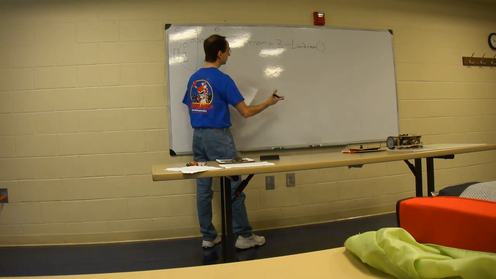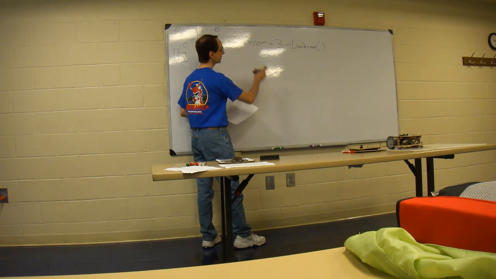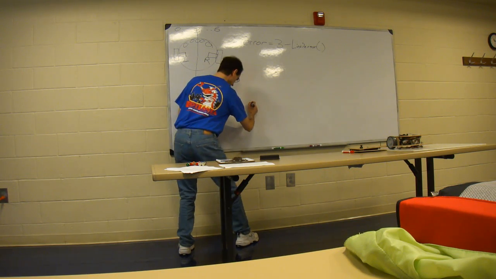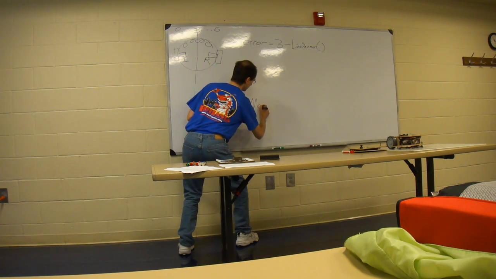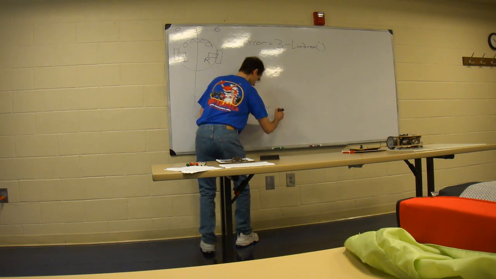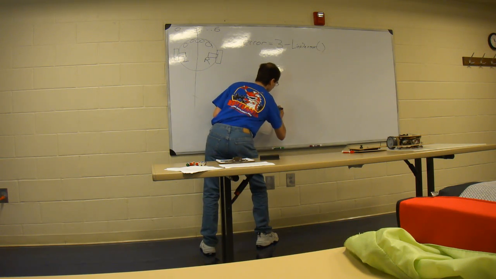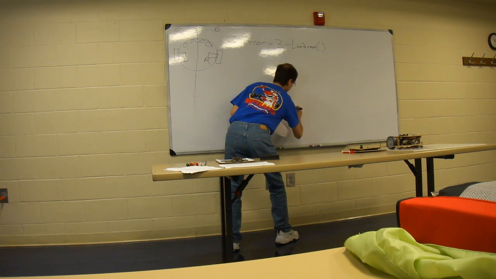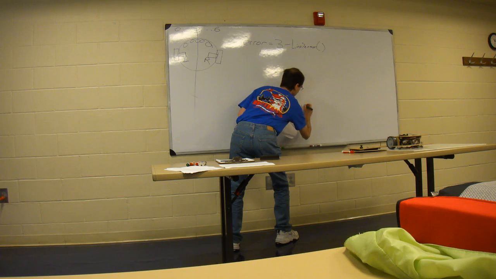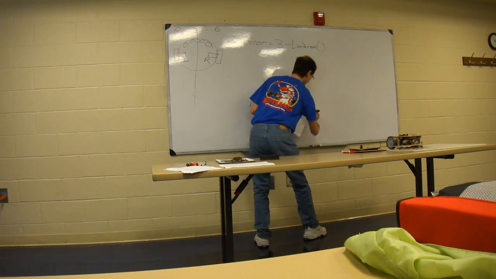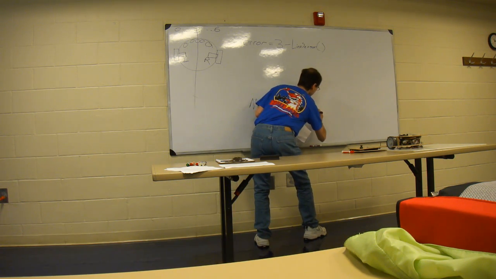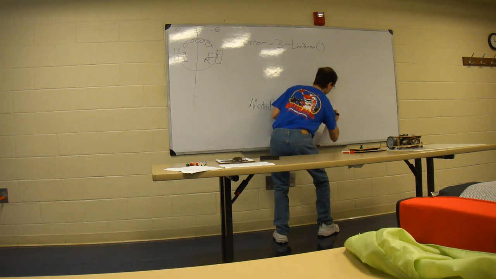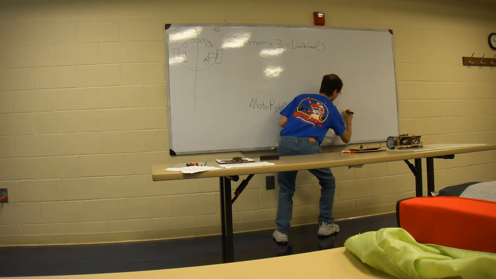Now what we would want to do is feed that error to the motor. So we make a call to our motor controller. We would have motor right speed, and we would feed that our speed plus the error.